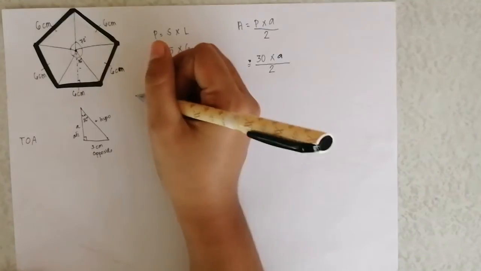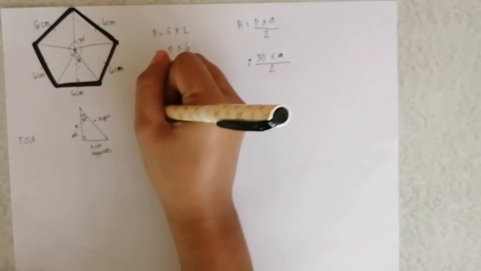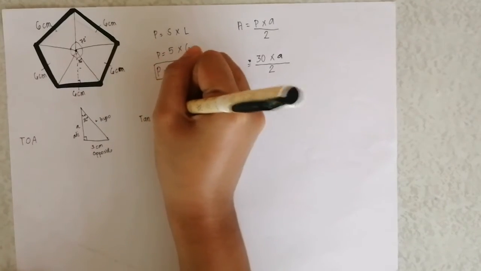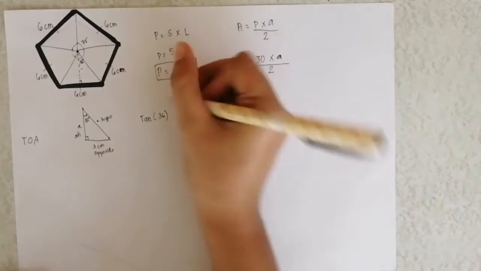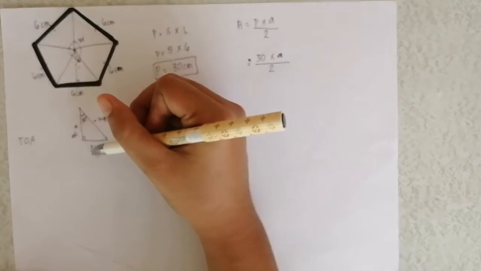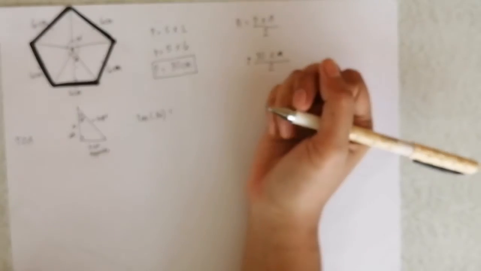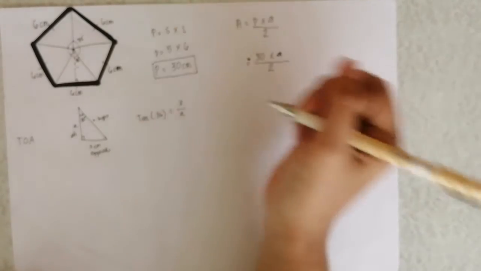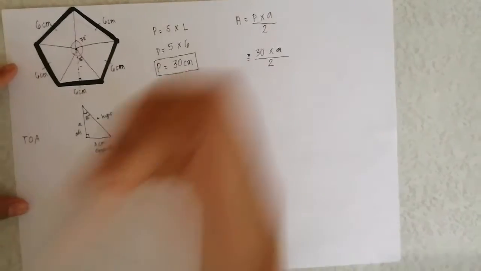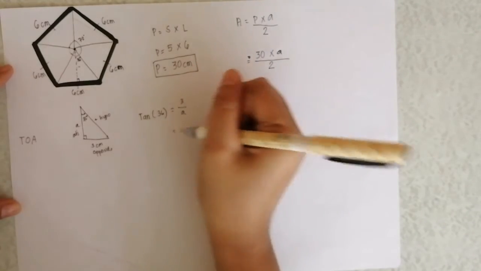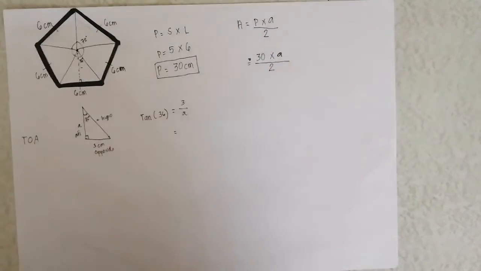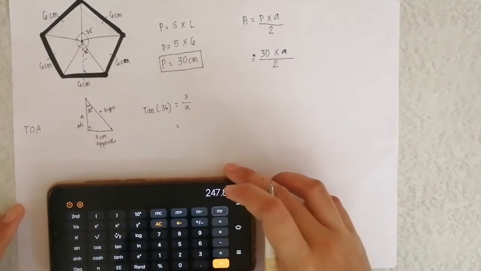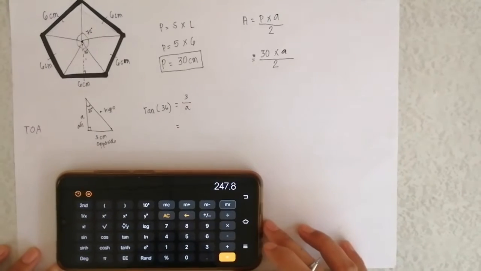So we'll use tangent of 36, which is equal to our opposite side, the 3, divided by our apothem. Now let's first find the tangent. I have here the calculator of my mother, so I'll use this one.